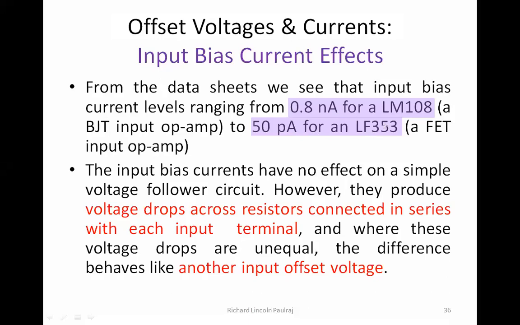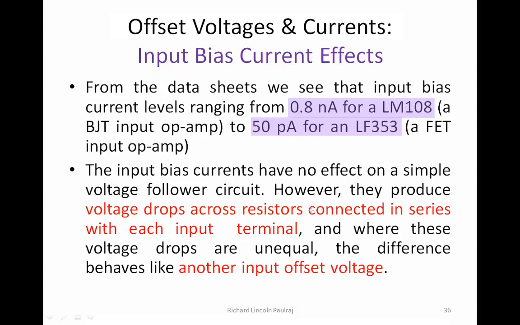I have put this up so that you get an idea that each IC, each different configuration or circuitry, will have a certain amount of currents. This LM108 is actually a BJT input OPAMP, and your LF353 is FET based. FET is field effect transistor, and BJT is bipolar junction transistor.